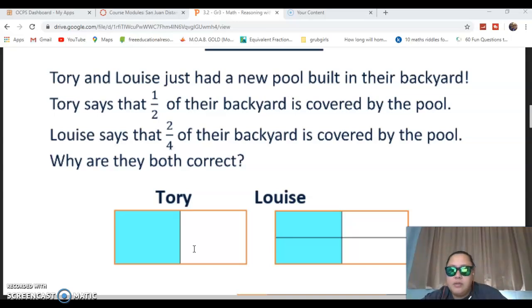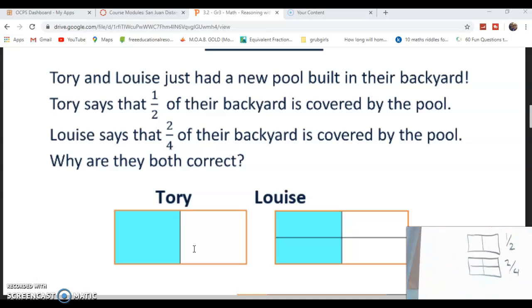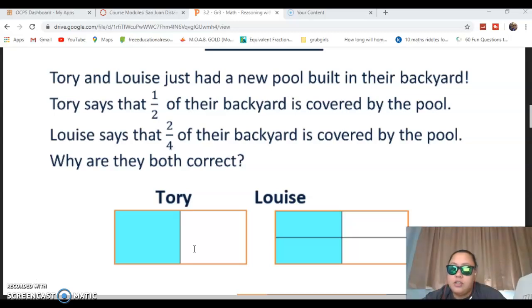In terms of this pool, both pictures show the same size, but the only difference is one is cut in 2 pieces, the half, and one is cut in 4ths. Now when they're shading in, you can see that the pictures are identical, which means they're equivalent.